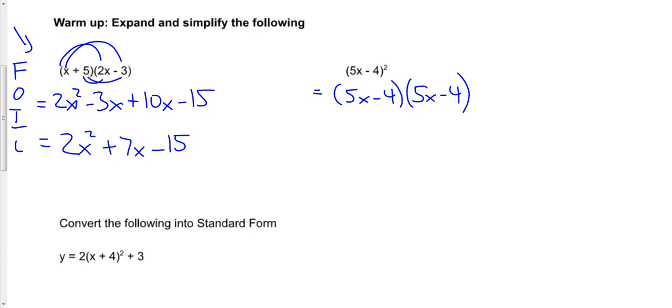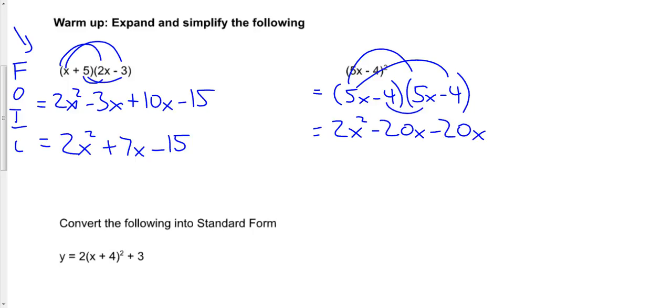Once we've got that piece written out, everything else still applies. We're still going to multiply our firsts, our outsides, our insides, and our lasts. So we'll multiply 5x times 5x, and that will give us 25x squared. 5x times negative 4 will give us negative 20x. Inside terms is negative 4 times 5x, and that's another negative 20x.